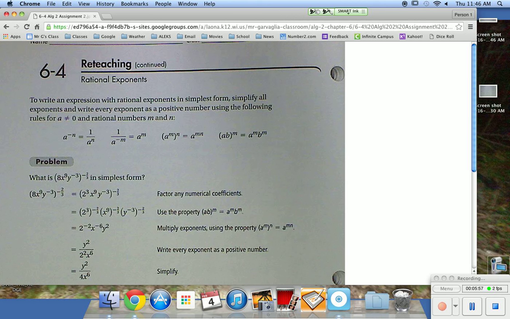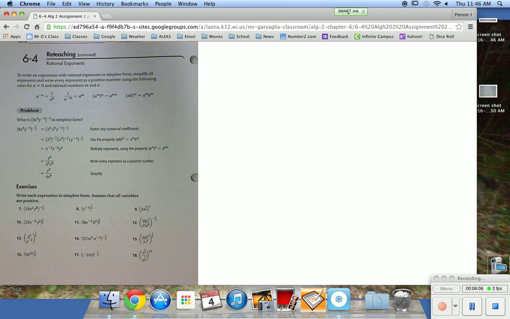Let's take a look at basically the same thing, but here's what happens if I have a negative in there. If I have x to the negative 1, what does negative 1 mean? It means 1 over x. If I had x to the negative cubed, it means 1 over x cubed. All the negative does is put it in the bottom.